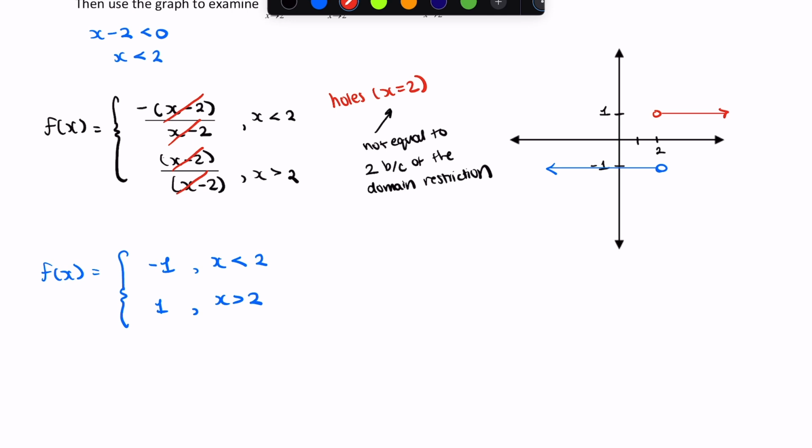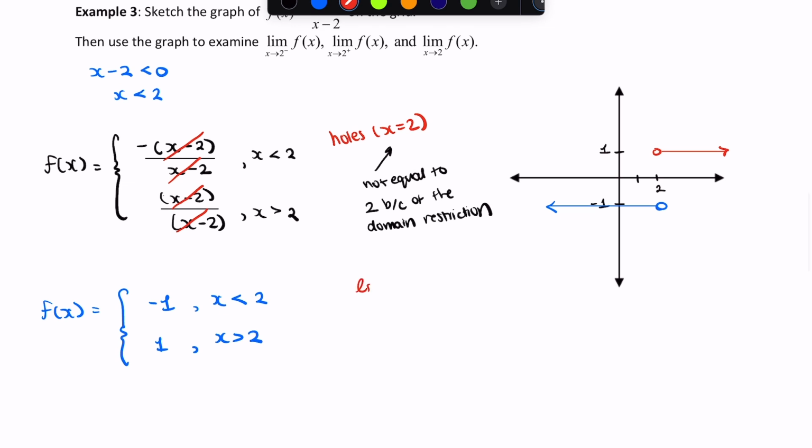Now we have to evaluate the limits. The limit as x approaches 2 from the left of this particular function, we can see that it's approaching from the left, and that's going to be at -1. The limit as x approaches 2 from the right of this particular function is going to equal 1.